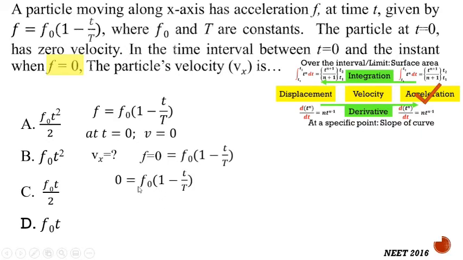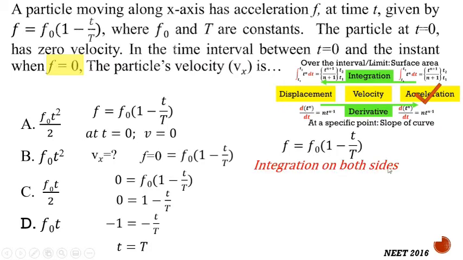If you solve this, this will become 0, and if you solve this again, this will become minus 1 equal to minus t by T, and this minus will get cancelled and t is equal to T. That means now we have the limiting values for finding velocity.